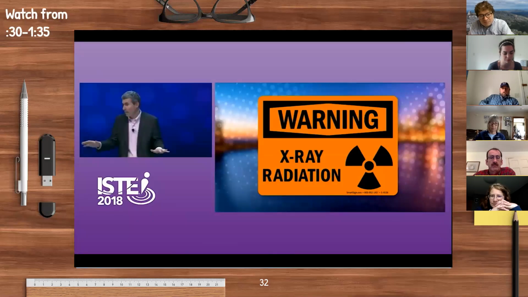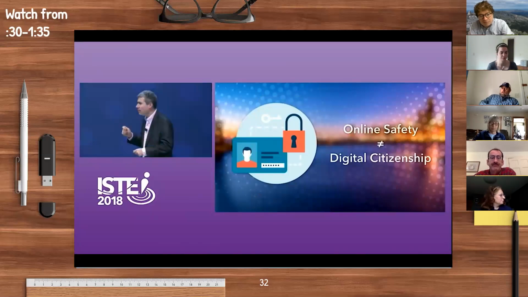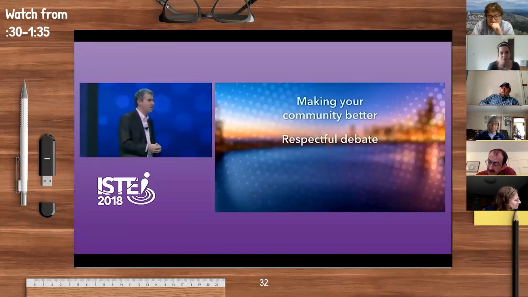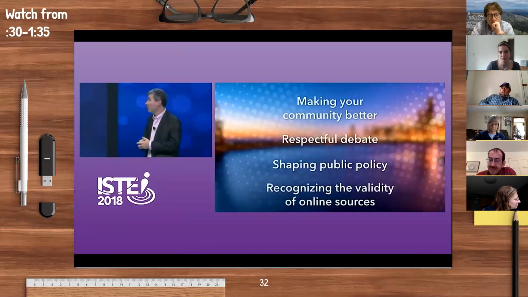Those are important things. I don't want kids posting inappropriate pictures online, but that's not digital citizenship. That's online safety. And online safety is not the same as digital citizenship. Digital citizenship is about using technology to make your community better, to respectfully engage with people who have different beliefs from yours, to be able to shape and change public policy, to be able to recognize the validity of online sources of information.